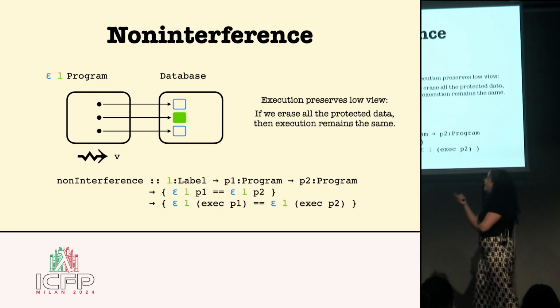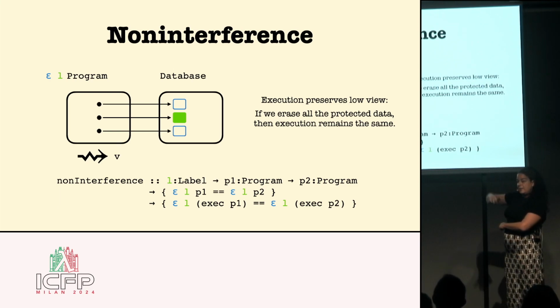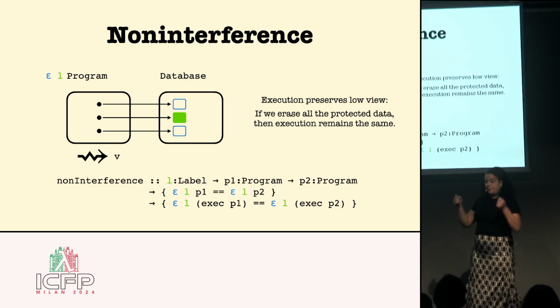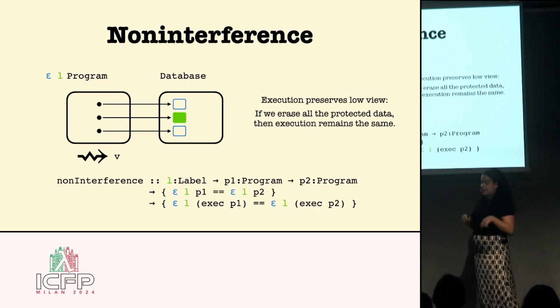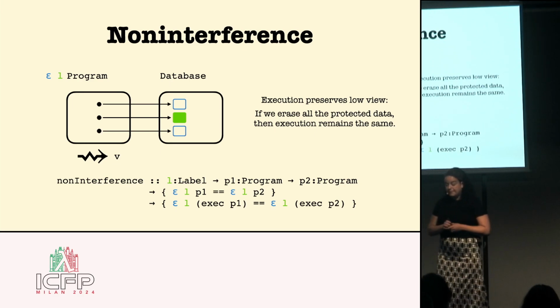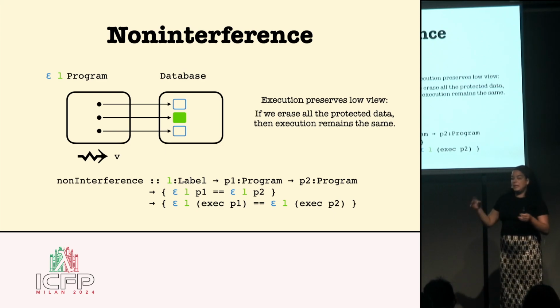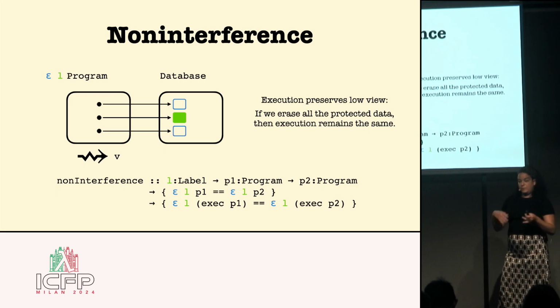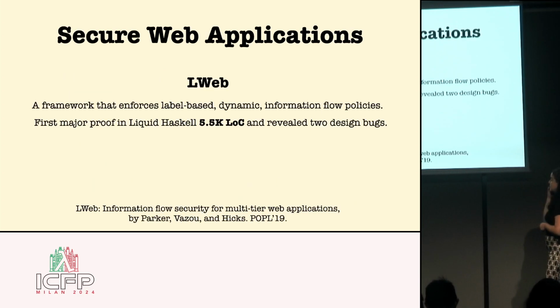Non-interference says that for every label and every two programs, P1 and P2, if P1 and P2 are erasure equivalent on the label L, then the result of their evaluation is also erasure equivalent. We expressed this non-interference property in Liquid Haskell, as we did with the associativity of the append function, and we proved it for a model of LWeb.